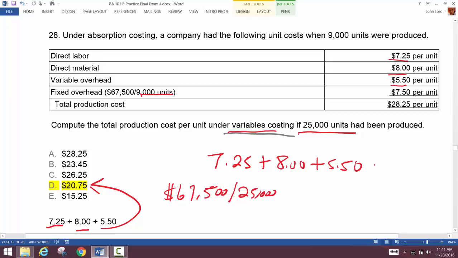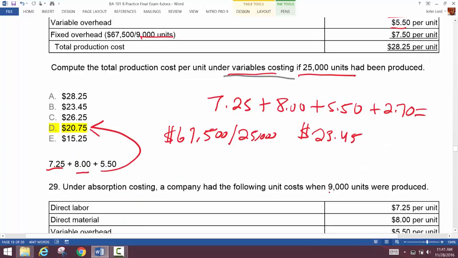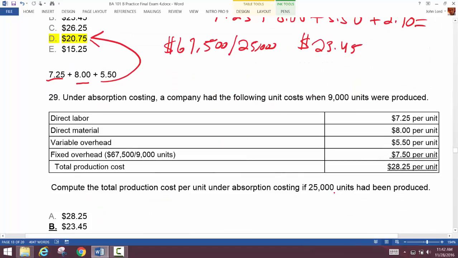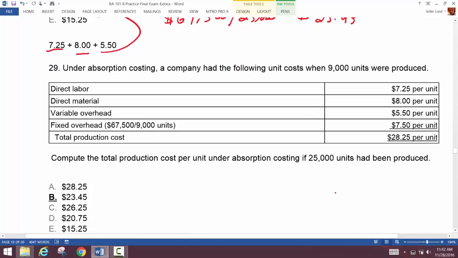Of 270. Okay, 270 per unit. Good. And you add all that up now, and that comes to 2345. Okay, good. So there's the difference. That's going to be the theme here. And there we go. That was the next question, right?